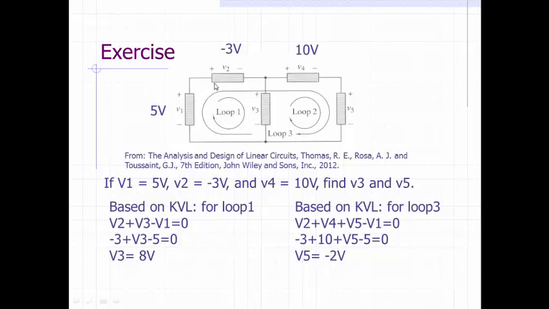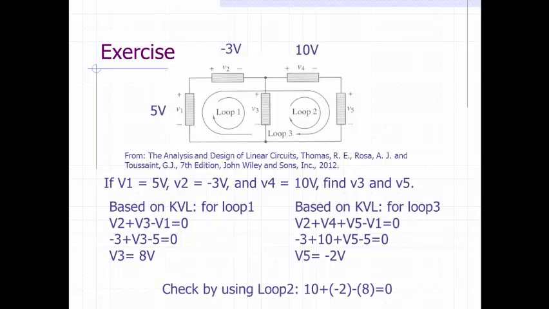So start from here. So you have negative 3, positive 10, V5 we don't know, and minus 5 because of the polarity over here. You meet a negative sign, put a negative sign. So from here you can solve V5 is equal to negative 2 volts.